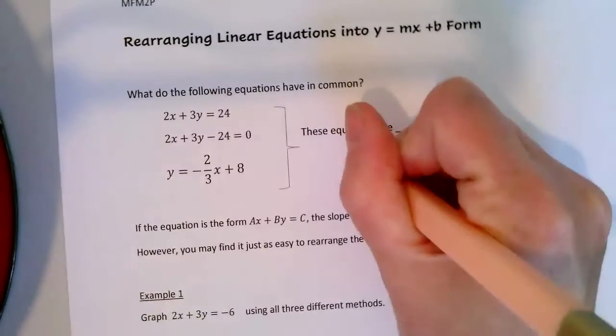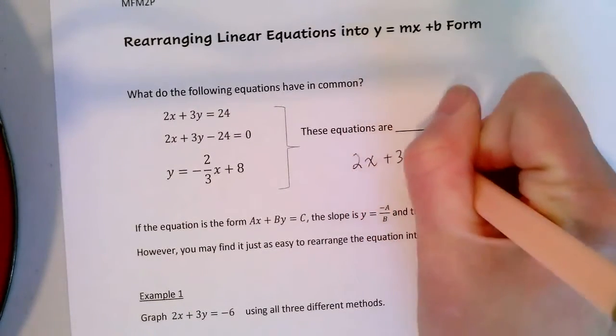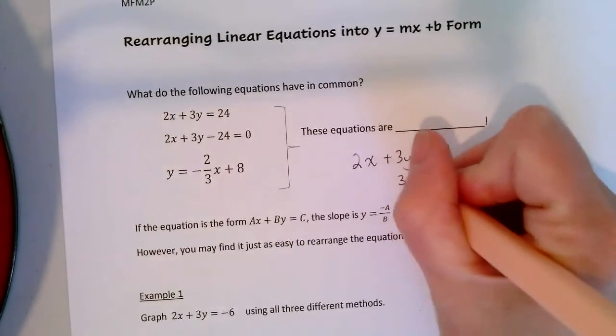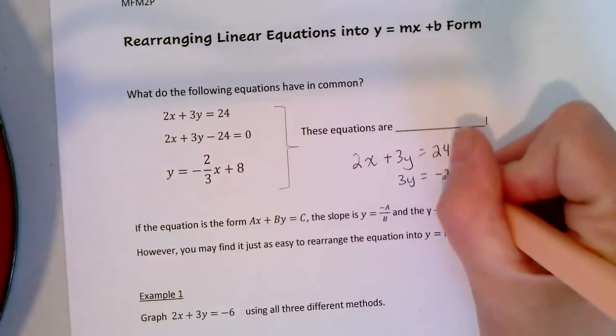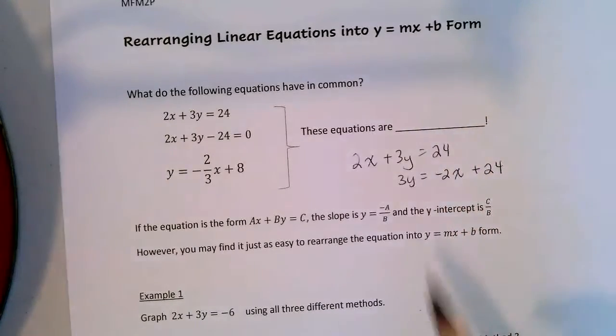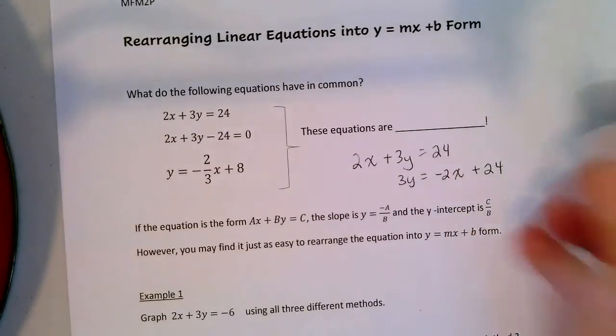What happens is, if you start with 2x plus 3y equals 24, and you work towards isolating y, we are going to transpose the positive 2 to the opposite side and make it negative.